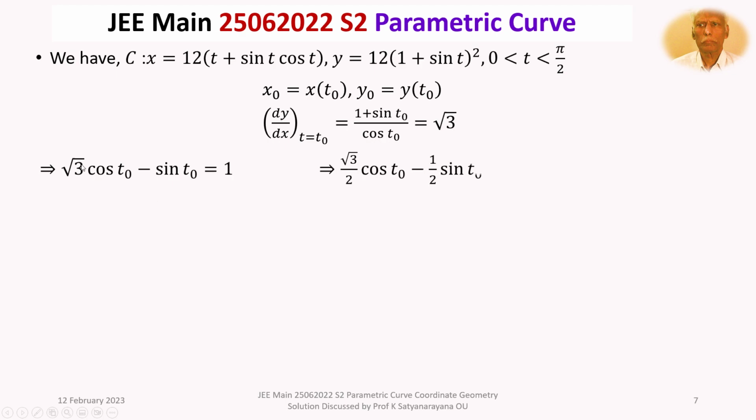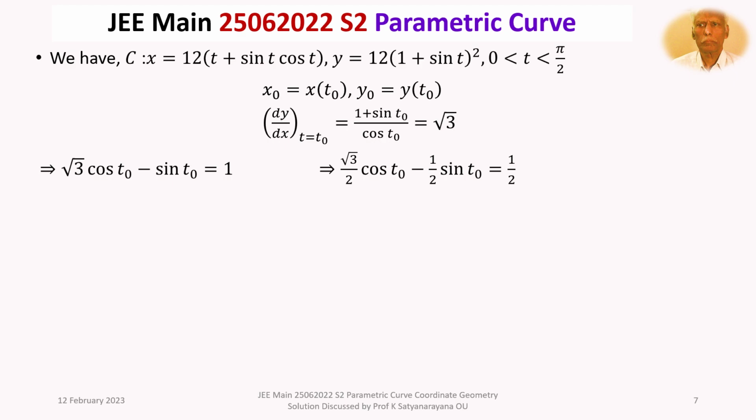Then we get √3 cos t0 − sin t0 = 1. Now divide throughout by the square root of the sum of the squares of the coefficients: the coefficient of cos t0, that is √3, squared, and the coefficient of sin t0, that is −1, squared.